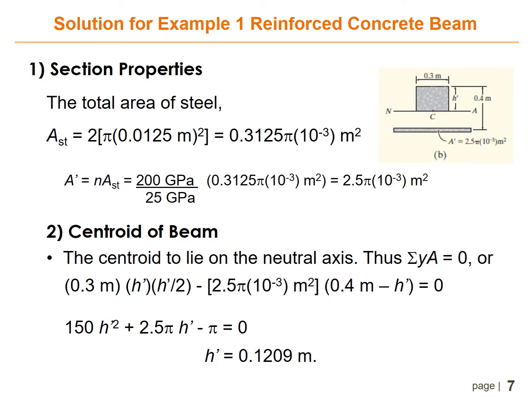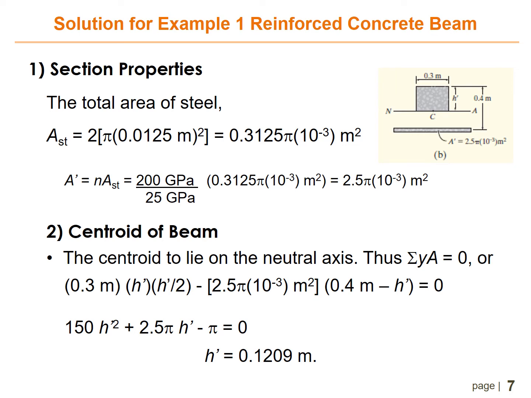Okay, for the first step, since the beam is made from concrete, in the following analysis we will neglect its strength in supporting a tensile stress. The first step is to determine the section properties.